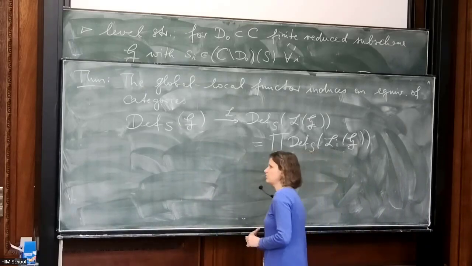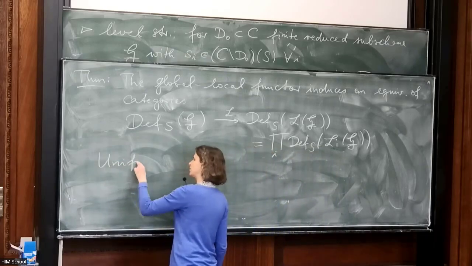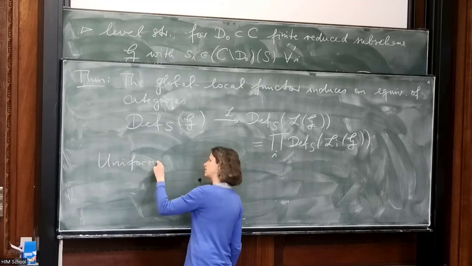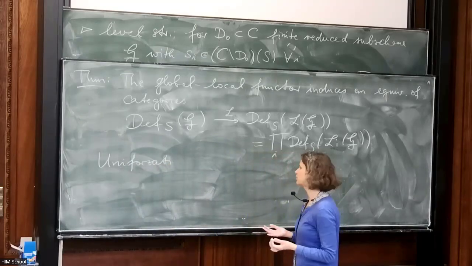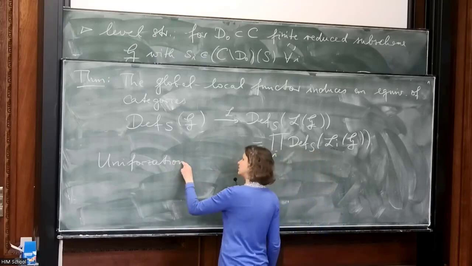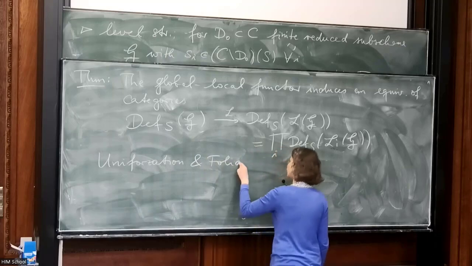But I don't want to say much about this very first comparison. I rather want to spend the rest of the time to explain what this Rapoport-Zink uniformization means here, and hopefully also the foliation structure.